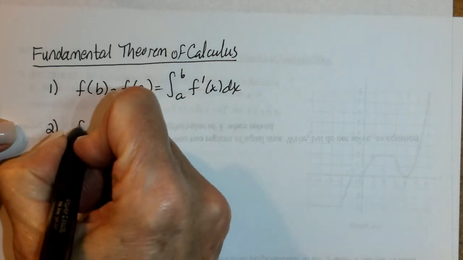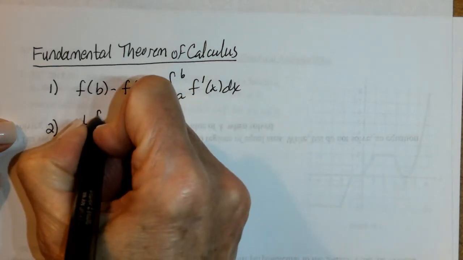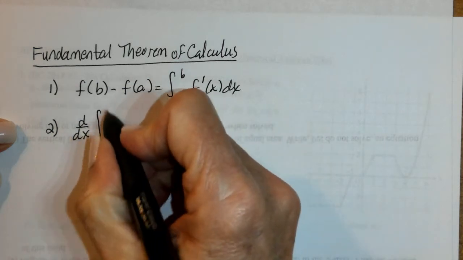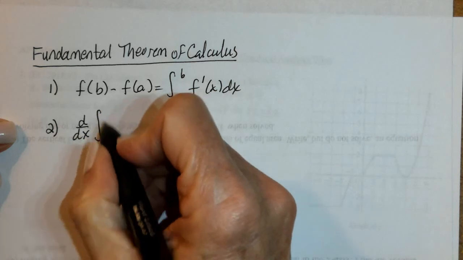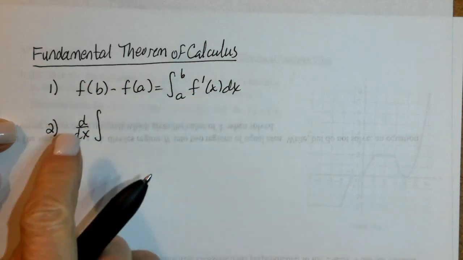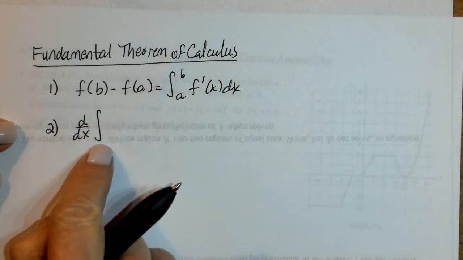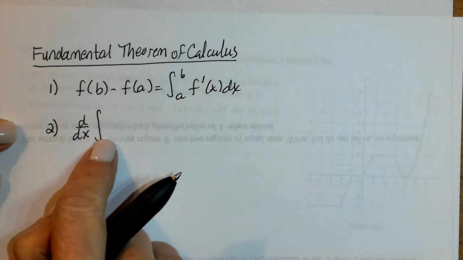The second part, though, is when we're taking the derivative of an integral. The derivative of an integral. And I'm going to put boundaries on here, so it's going to be a definite integral. These boundaries can be anything. Specifically, since we're taking the derivative with respect to x, these are potentially going to have x values in it, or a function of x in here.